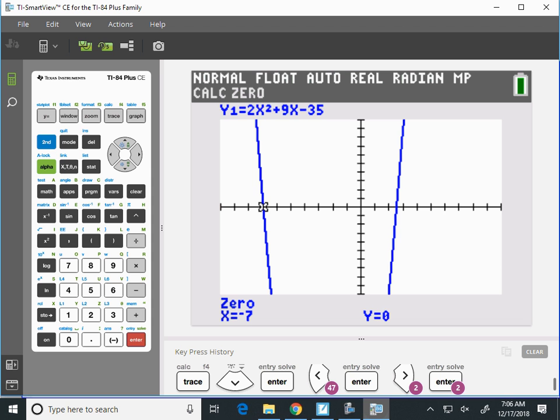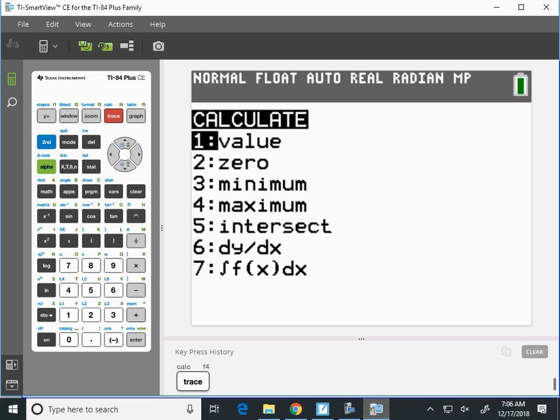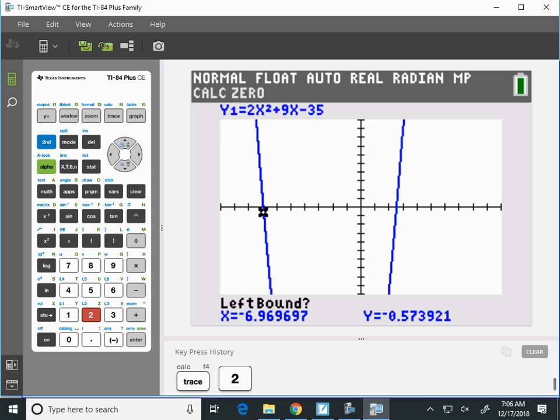Let's trace the other x-intercept to make sure that that works out as nicely. So second trace again, number 2. And you're going to take your cursor and go back the other way. So you have to get back over so you can see your cursor on the other side. It's getting there. We're at negative 1. All right, now we're in positives.